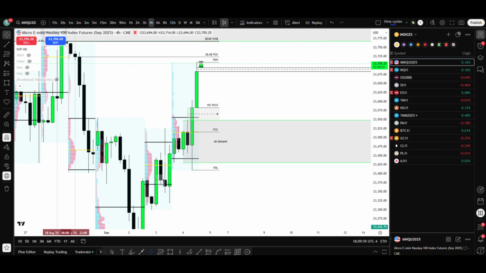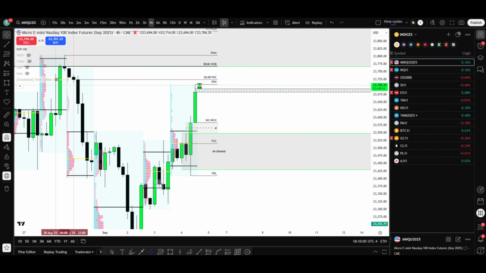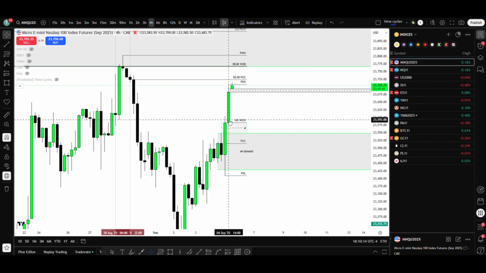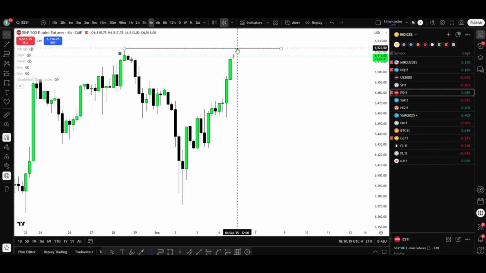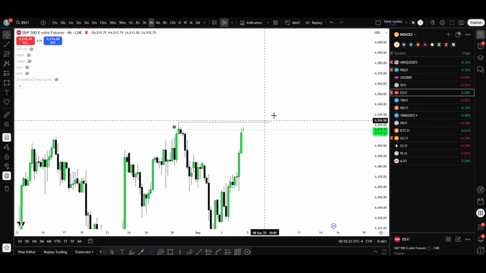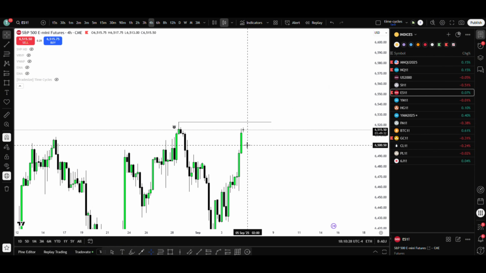Sorry, my mouse. So I guess that's kind of it for what I will be looking at structure wise. If this gets broken tomorrow, there's not a lot of price anymore to chase on ES, and we are quite overstretched.